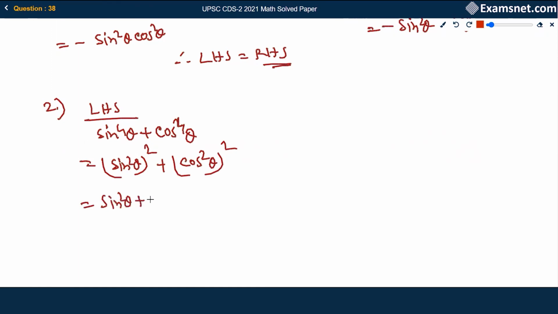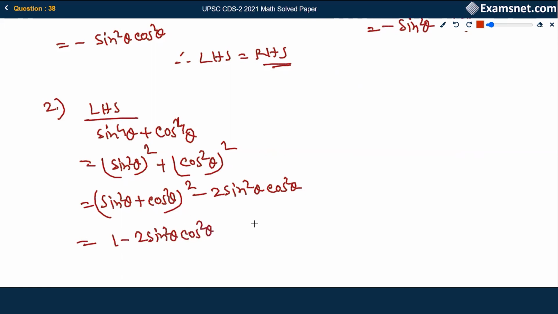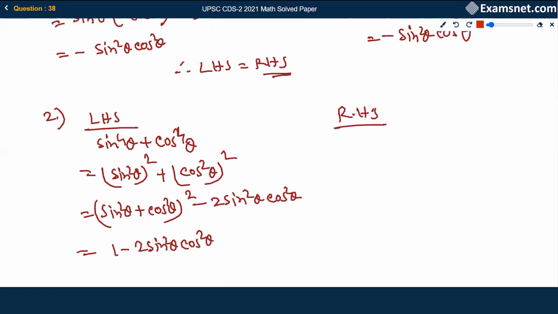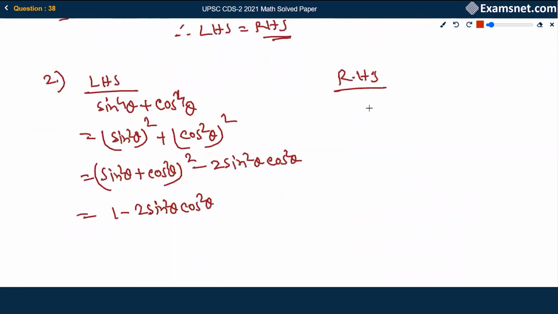So sine square theta plus cos square theta whole square minus 2 sine square theta cos square theta, which is 1 minus 2 sine square theta cos square theta. Now let's check RHS. RHS is given as 1 plus 2 sine square theta cos square theta. So we can see LHS and RHS are not the same. They are not equal. So this is not true.